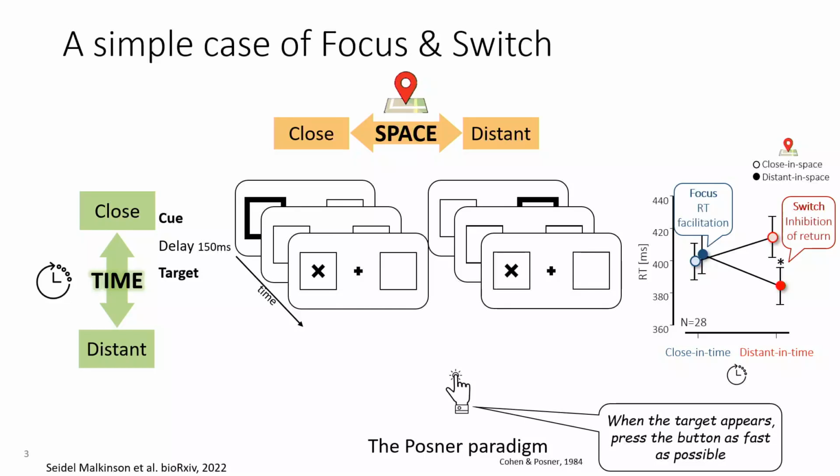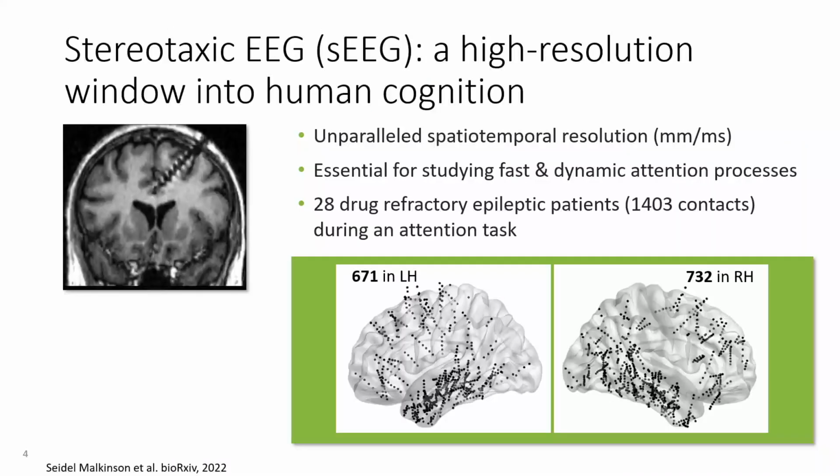In order to look at the neural basis of these focus and switching behaviors, we gave this task to 28 drug-refractory epileptic patients that were implanted with depth electrodes for medical reasons. And so we looked at the recordings that provide a high-resolution window into human cognition.